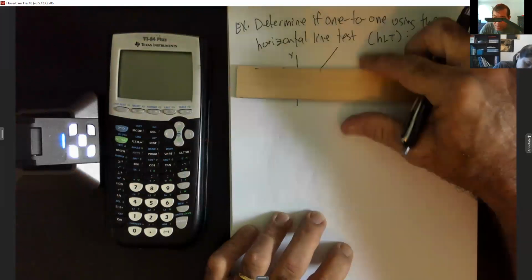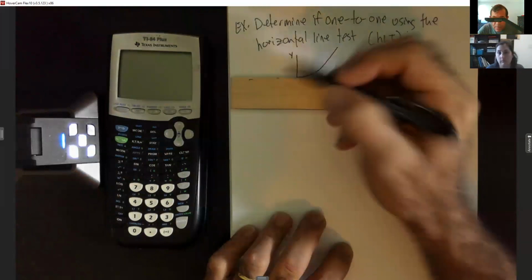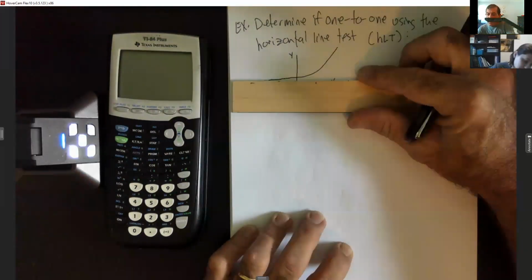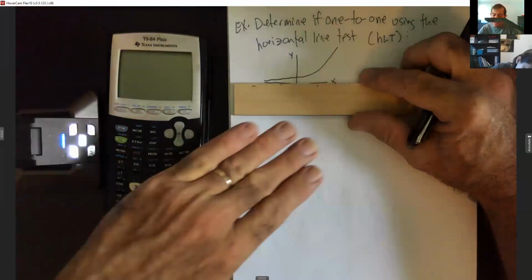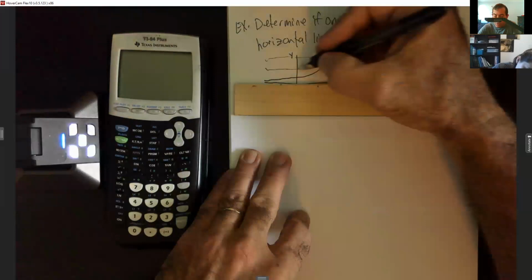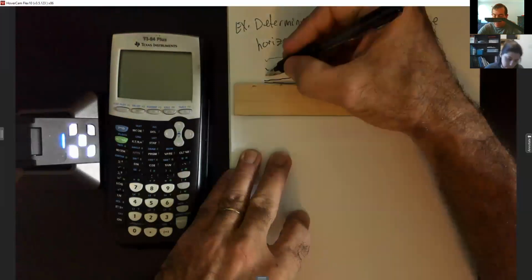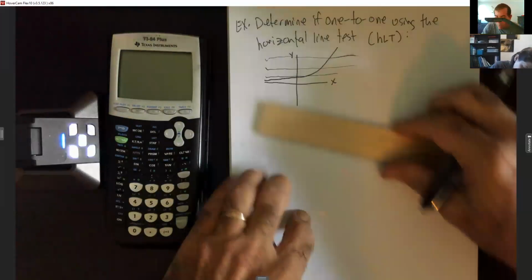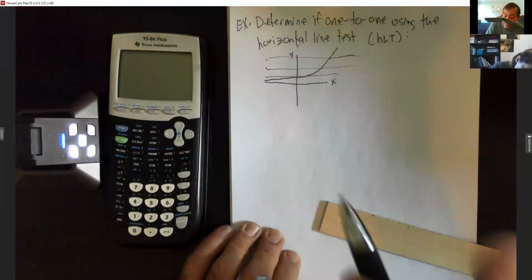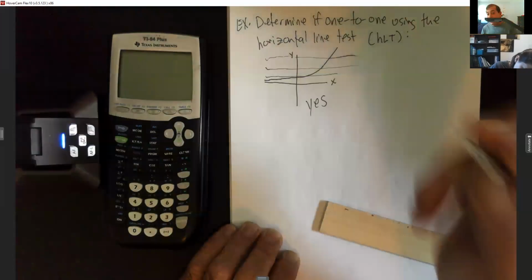Down here, I'm only intersecting once. And all the way through that, you'll notice my horizontal line only intersects it once, no matter where my horizontal lines are coming across. Okay? So no matter where I'm going across, I intersect it just one time. So this one is, yes, definitely 1 to 1.